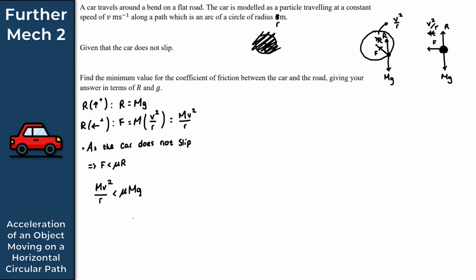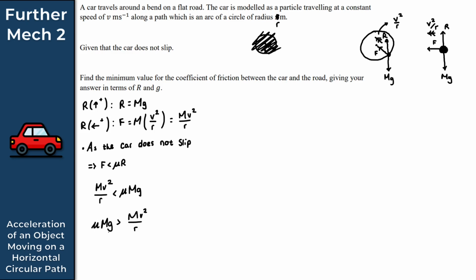So what I'm going to do here is divide both sides by Mg. Now, if Mv squared over r is less than mu times Mg, then we can say that mu times Mg is strictly greater than Mv squared over r. Like we just said, all we're going to do is divide both sides by Mg.